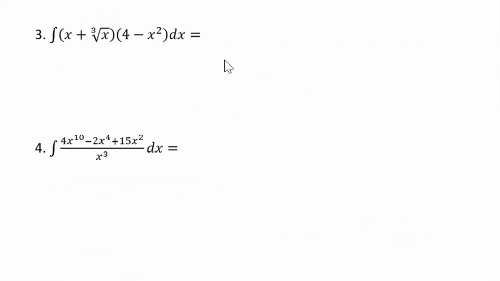For number 3, we have the integral of x plus the cube root of x times 4 minus x squared dx. First of all, we are going to multiply the integrand. Using the FOIL method, the first term is x times 4, so we have the integral of 4x. Outer terms, we have negative x cubed.